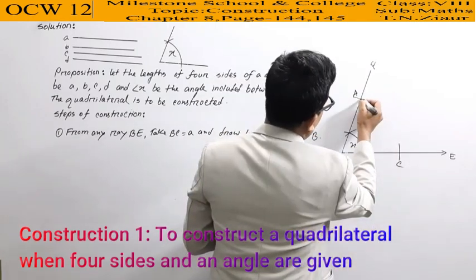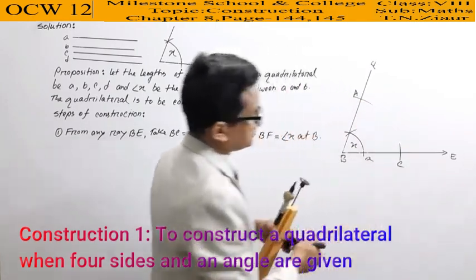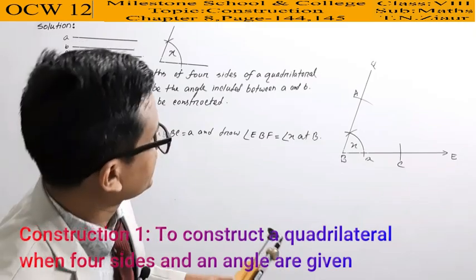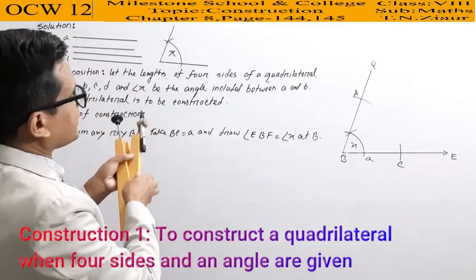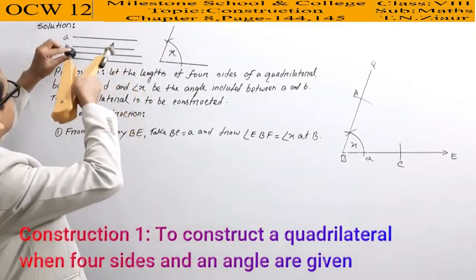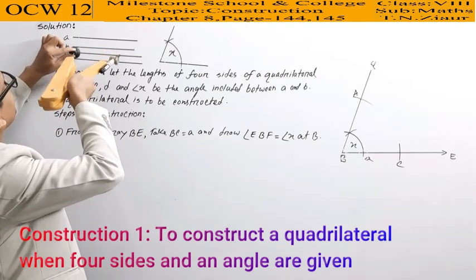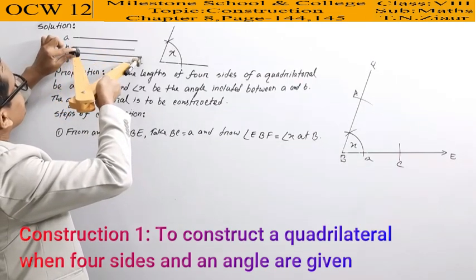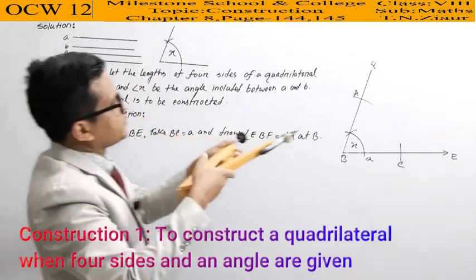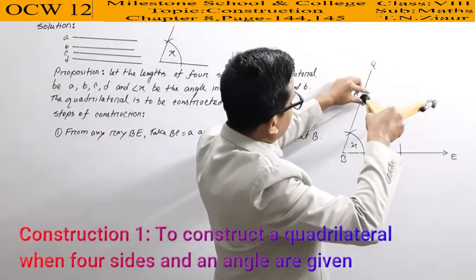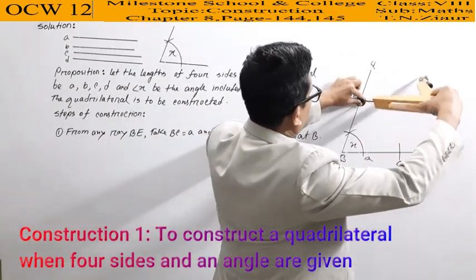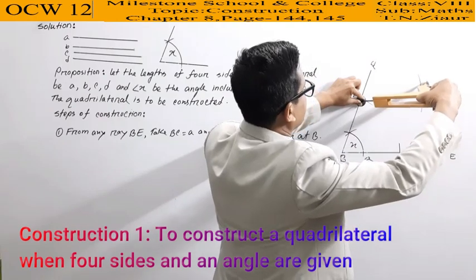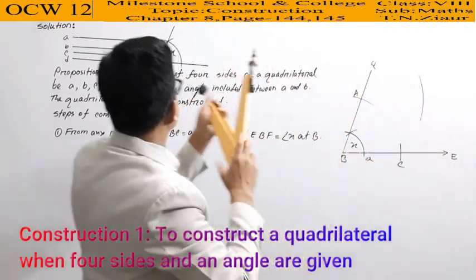Now with A and C as centers, take radius CD, place it at A and draw an arc within the angle ABC.